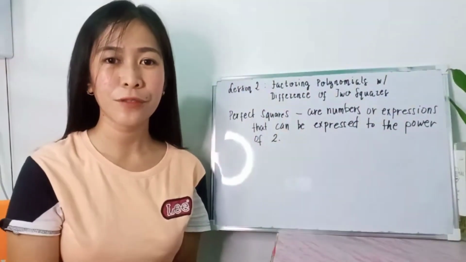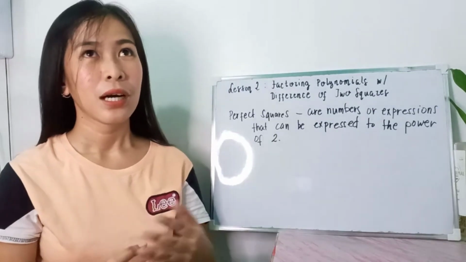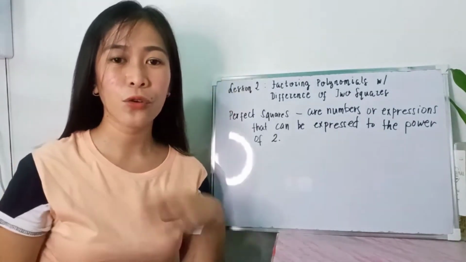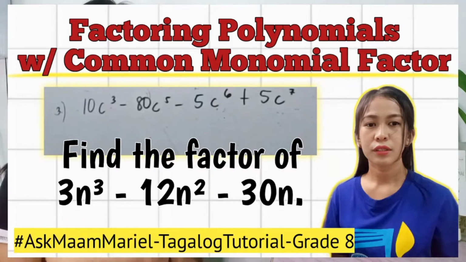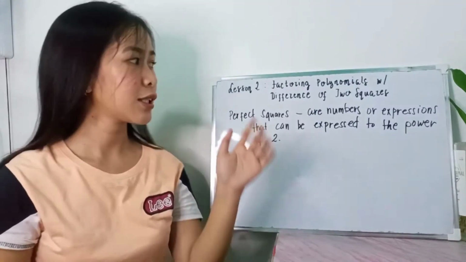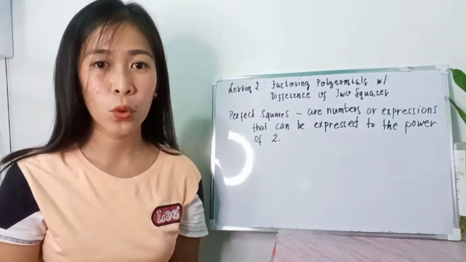Okay, so kung nauna nyo itong mapanood kesa dun sa una kong ini-upload, balikan nyo muna to, ililink ko dito sa taas yung link ng unang video about factoring polynomials with common monomial factor. Kasi ito ay second lesson after that, and this is factoring polynomials with difference of two squares.